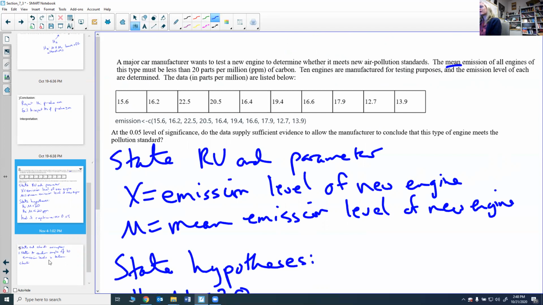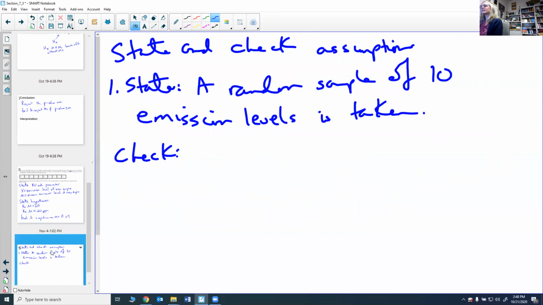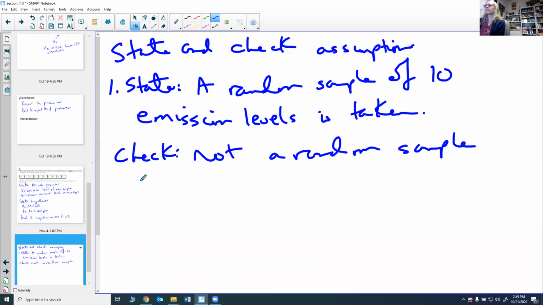So in reality, this is probably what they would do, but it is not a random sample since they were manufactured. So that's not the best thing. So it's not a random sample since it was manufactured.